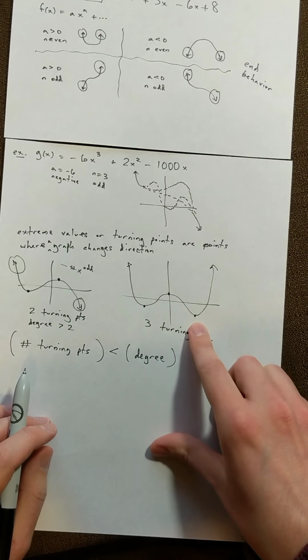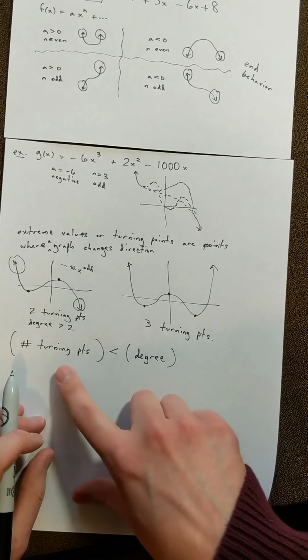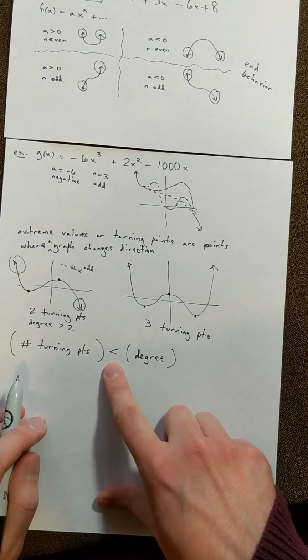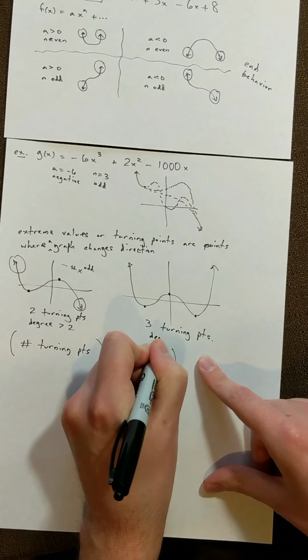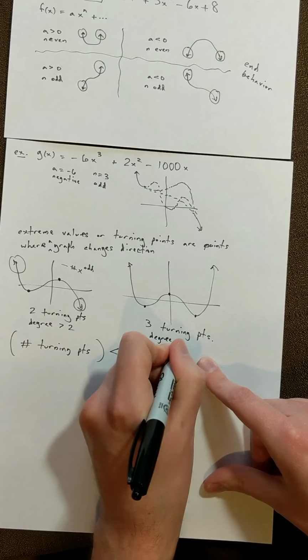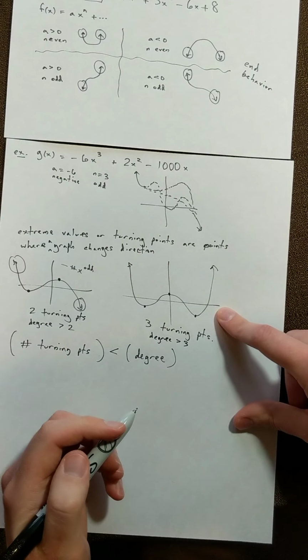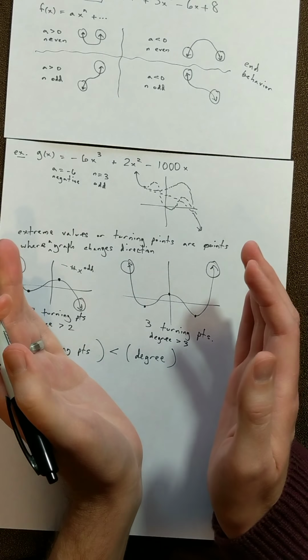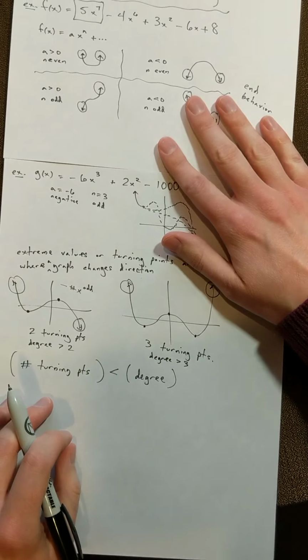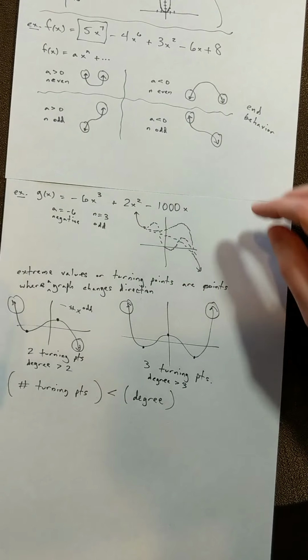This graph has 3 turning points, and so we know turning points is 3. That has to be smaller than degree, so degree has to be bigger than 3. So maybe the degree is 4, maybe it's 6. We do know that it's got to be going up on both edges, so that's a shape that corresponds to an even exponent.